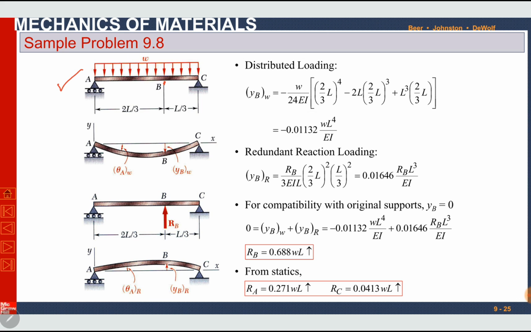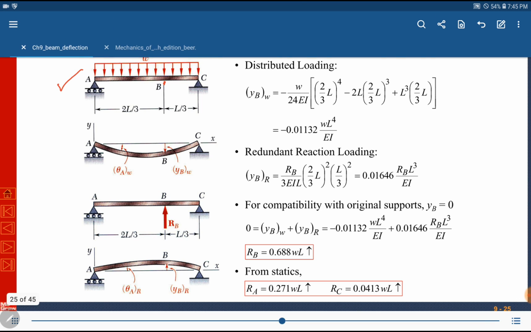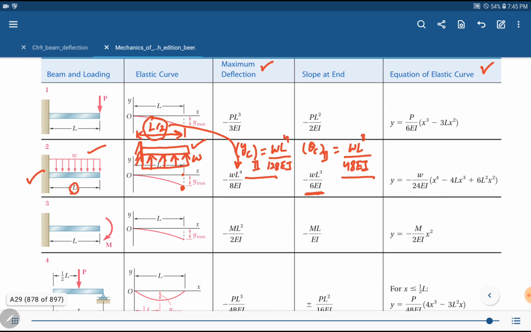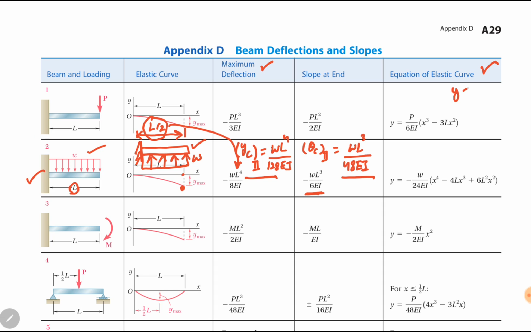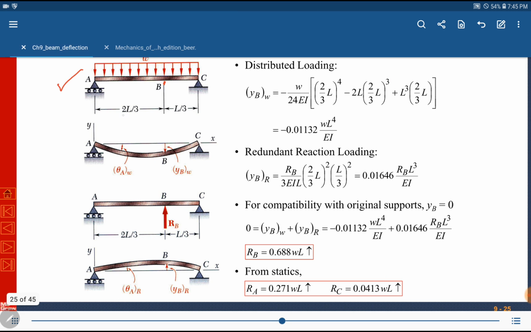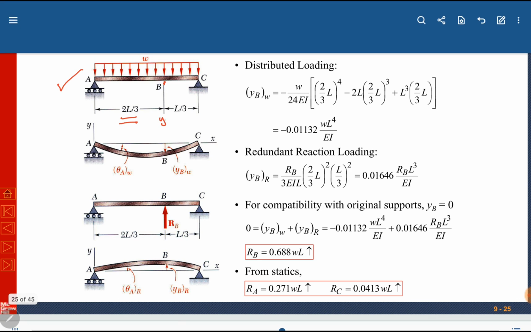So what we have to do is, here is another option, the last column. It is equation of elastic curve. Equation of y as a function of x. So in this function, if we put x equal to 2L by 3, we can find deflection at y.